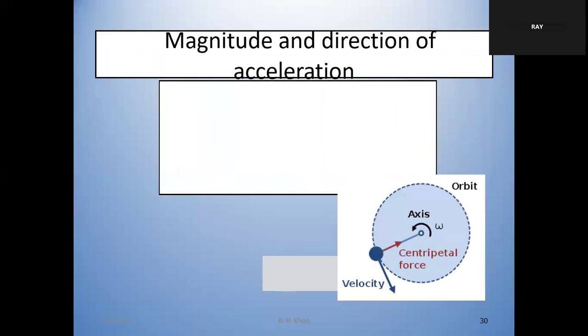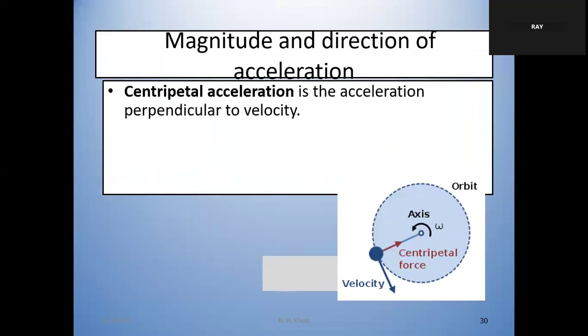Magnitude and direction of acceleration. Centripetal acceleration is the acceleration perpendicular to the velocity. Right? Direction here, velocity, centripetal force and centripetal acceleration in the same direction, perpendicular to the velocity.